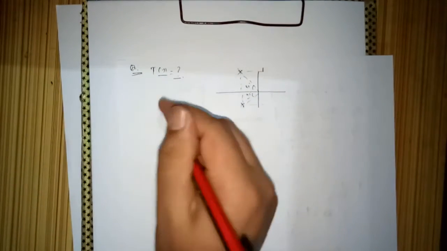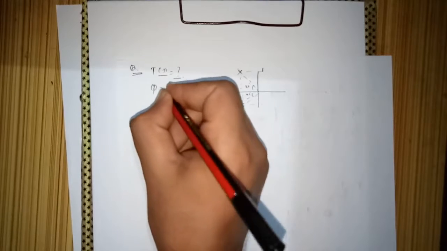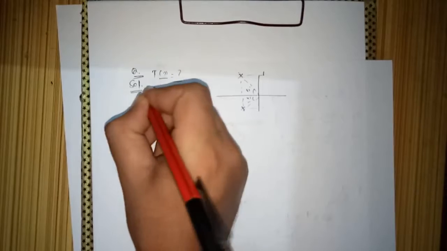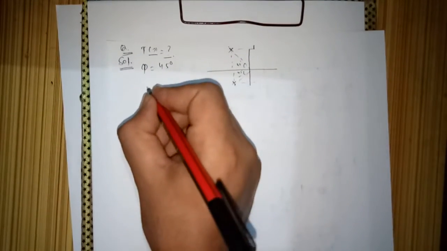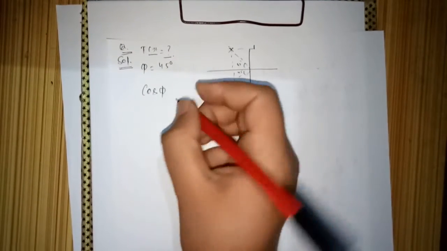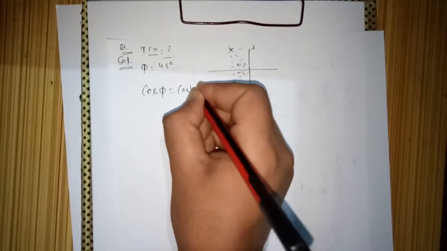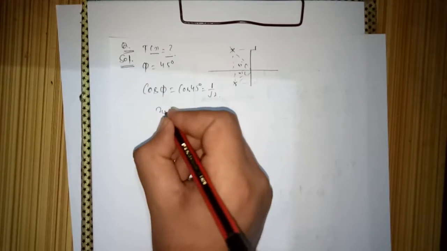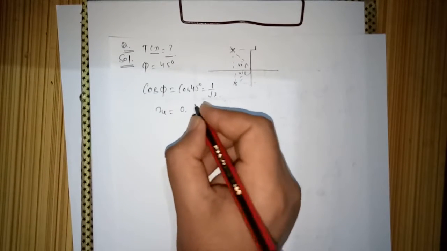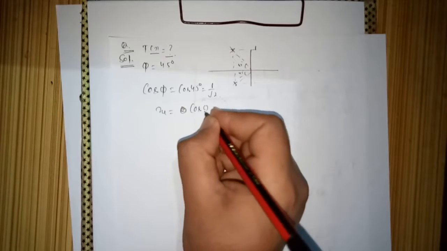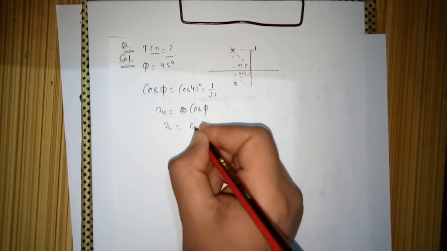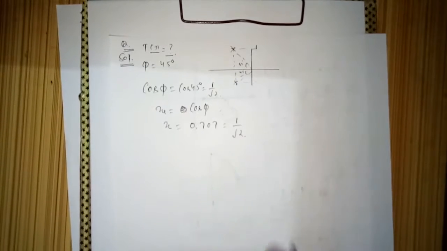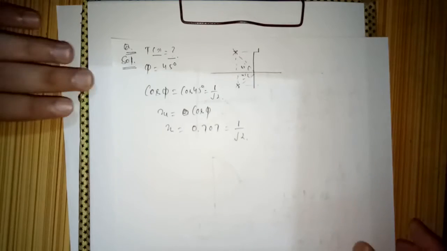So phi is equal to 45 degrees. Here is the solution: phi is equal to 45 degrees. Now cos phi is equal to cos 45 degrees, that is 1 by root 2, right? So cos phi means zeta is equal to 0.707, or I can simply write 1 by root 2 for simplicity, right?